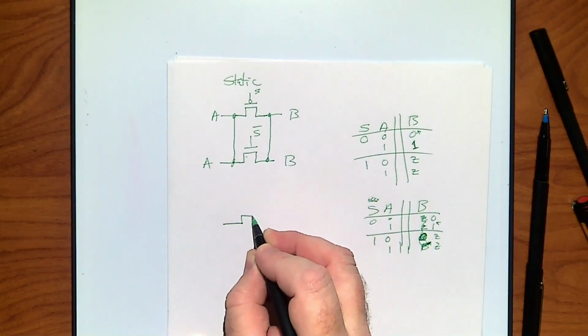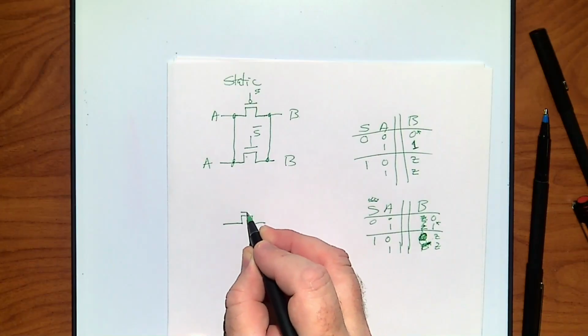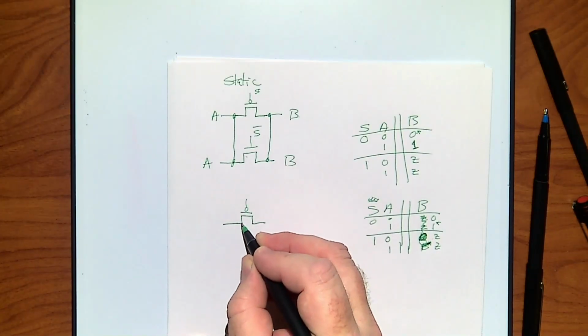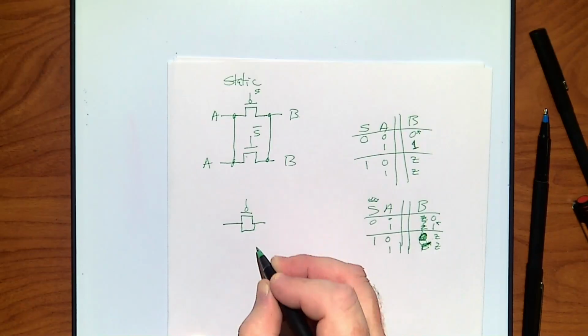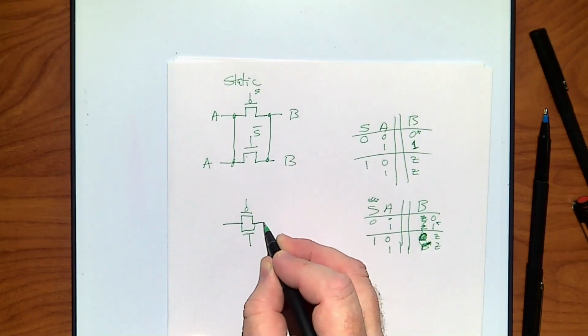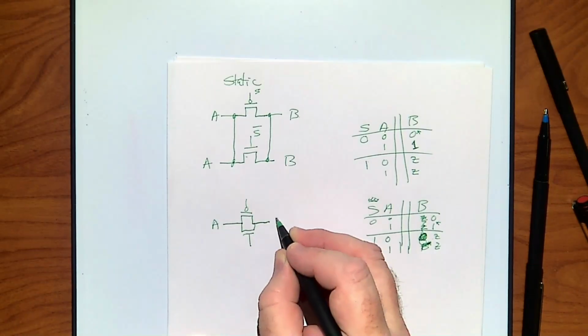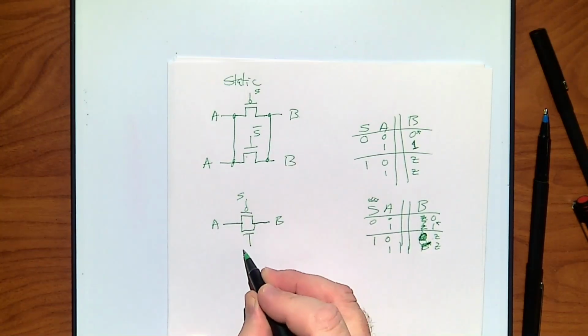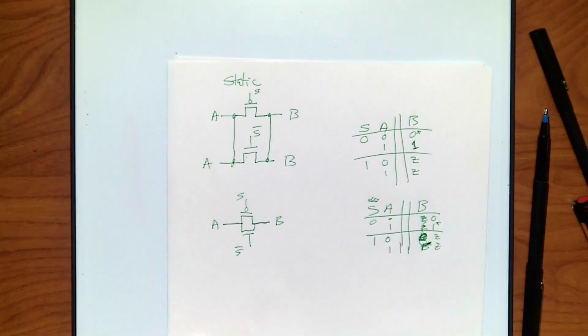So we'll often draw this. There's a couple ways you could do it, but we usually draw one, and here's your other, and here's my A, B, and here I can do S, S bar, or whatever makes you happy.